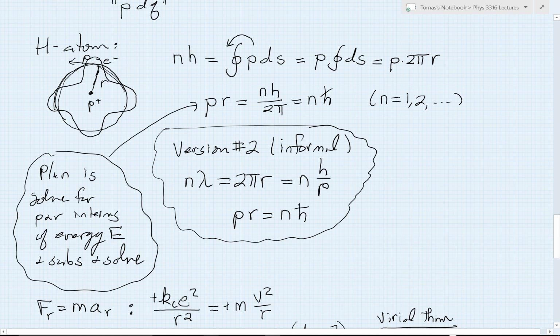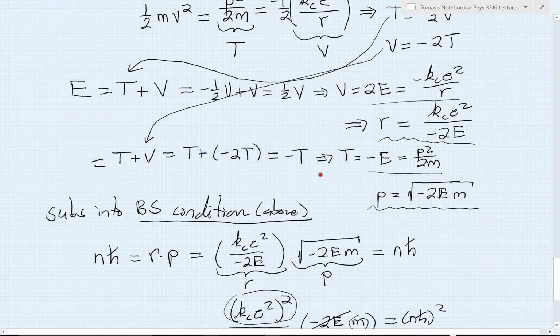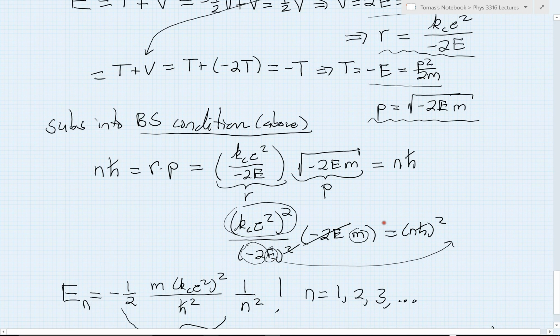Because that tells us the size of the atom. We did solve for energy, but one of the nice things about this approach is we have a very simple formula that connects radius with energy. So let's implement this formula to find the radius that goes with these discrete energy values.